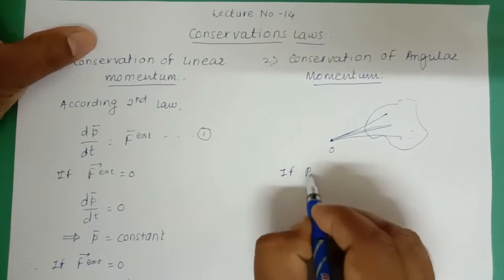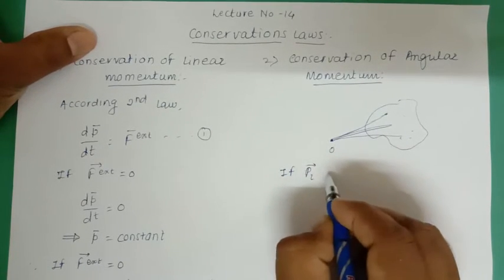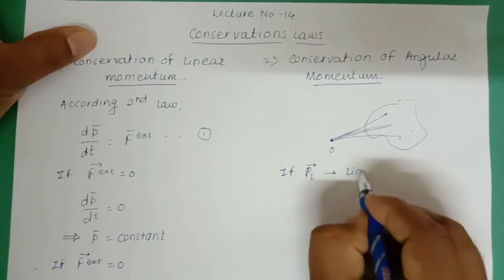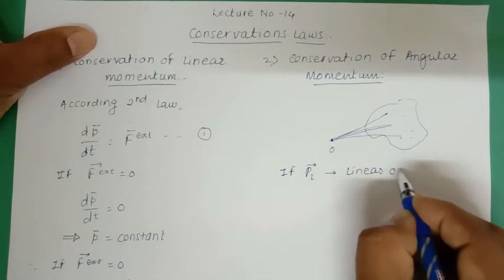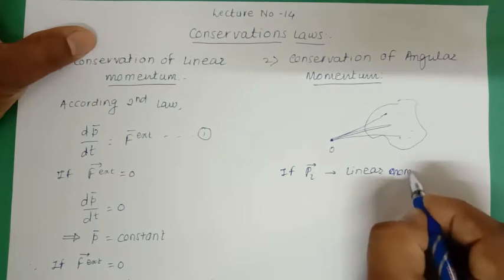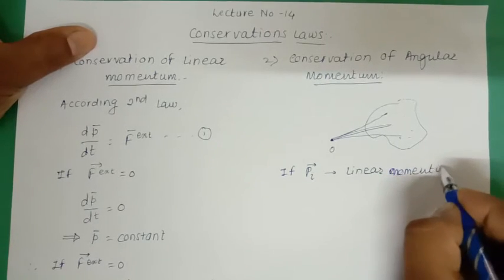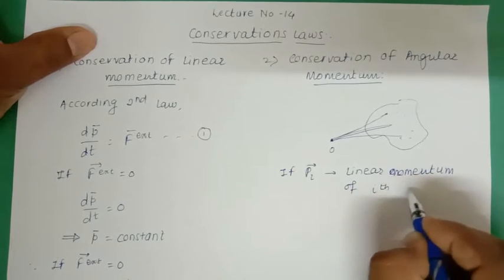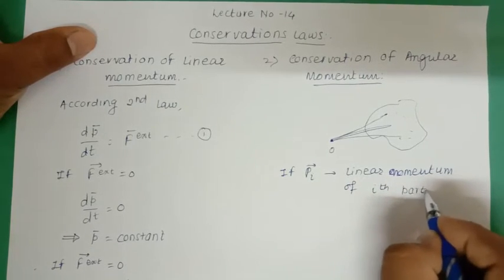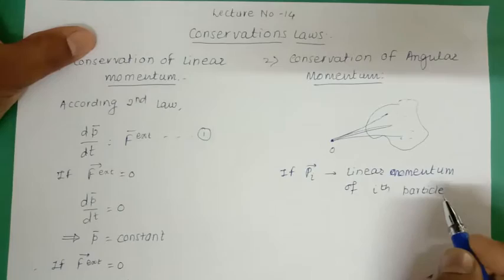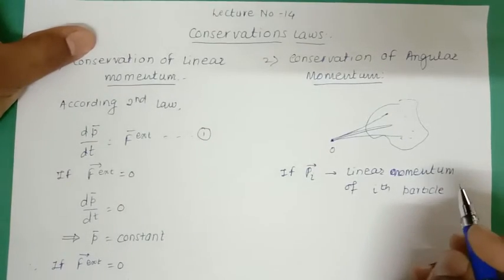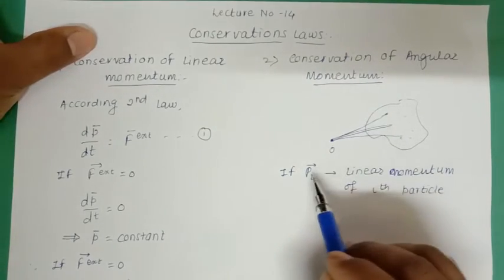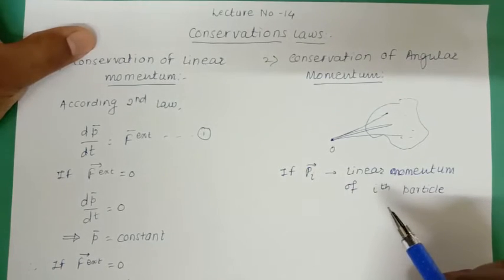Let Pi be the linear momentum of the ith particle. I may be any particle, the first, the second, or any other. So Pi is the linear momentum of the ith particle.